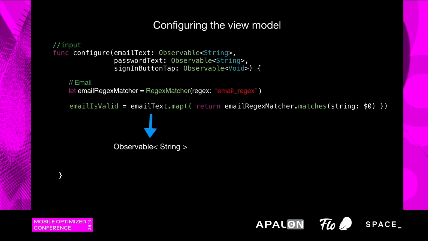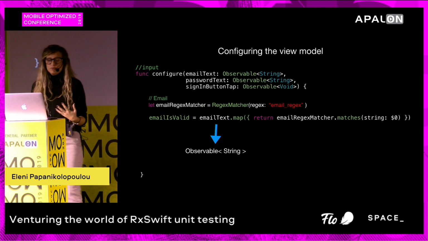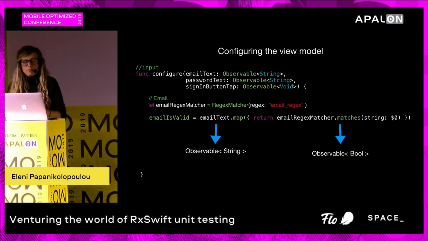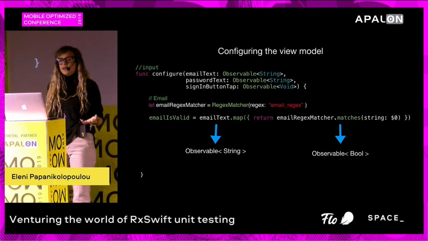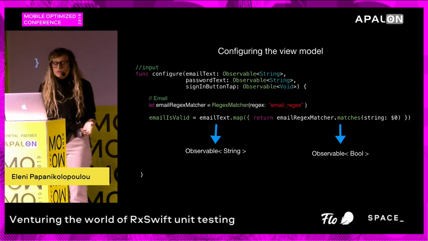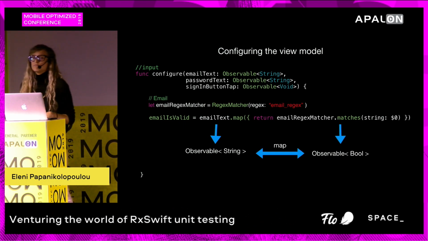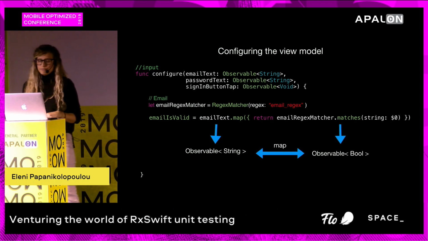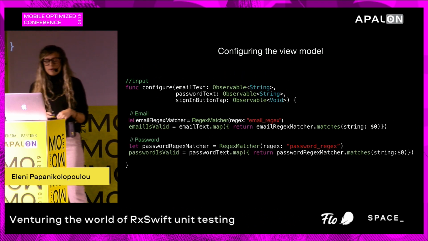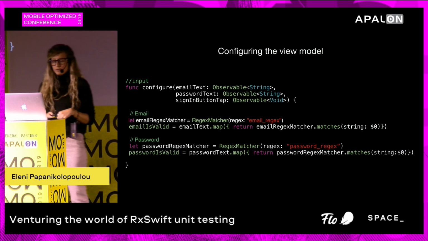And it does that by taking the email text, which is an observable of type string, and converts this to an observable of type Boolean, which corresponds to whether the email that we just typed is correct or not according to a regex that we use. And it does that by using the map operator. And it does exactly the same for the password, which is also an observable of type Boolean.